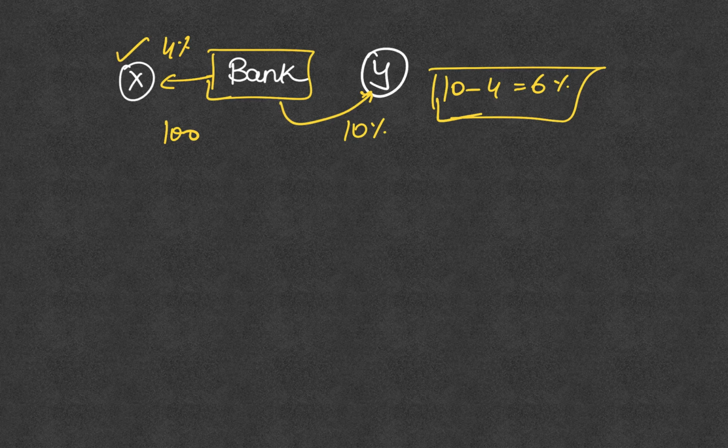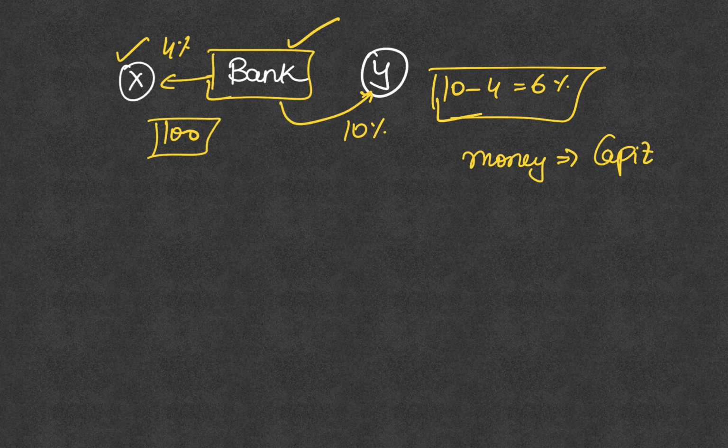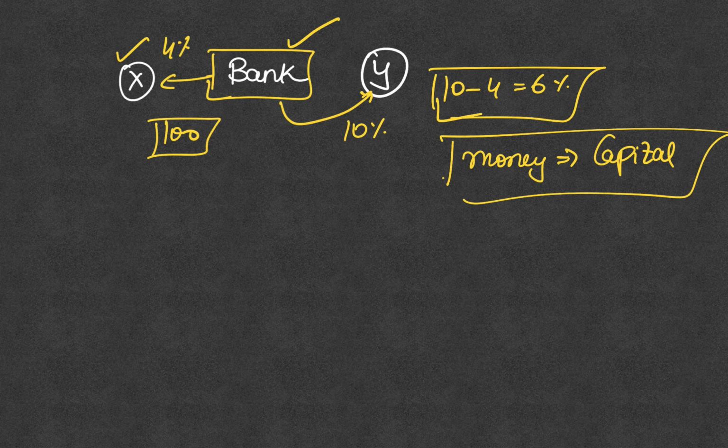Now, in order to accept this deposit, initially the bank should invest some money to build the building of the bank or to give salaries to the employees, etc. That money to start a business of banking is called capital. So there are certain international standards for maintaining capital adequacy, and how non-performing assets will erode the capital is what we have to understand now.